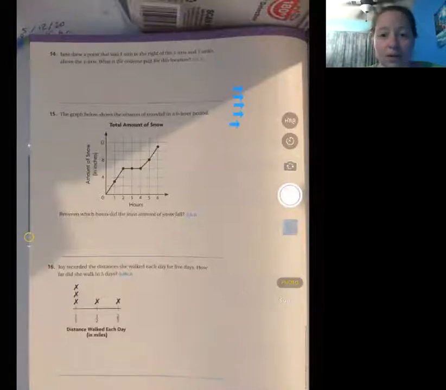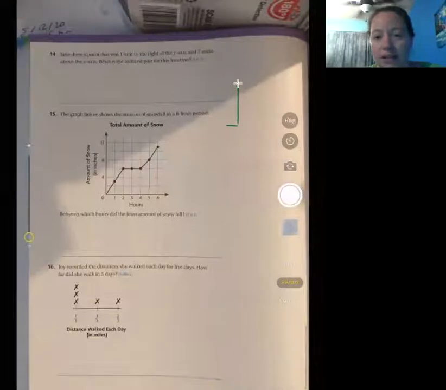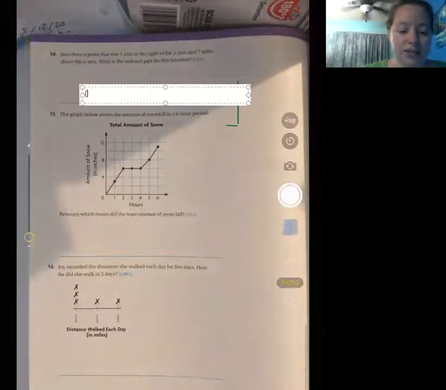Yeah, that's not going to work. Oh, you know what? I can do it this way. 1 unit to the right and then 7 above. 1, 2, 3, 4, 5, 6, 7. Which means our x point ends up being 1 and our y point ends up being 7. So we can write it as 1, comma, 7.